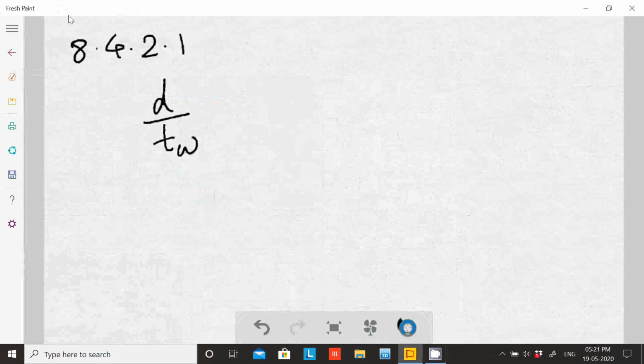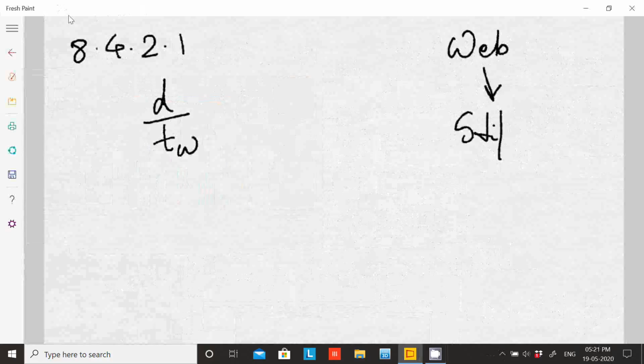In the web, either we use stiffeners or we don't use them. Stiffeners are used to increase the stability. These are additional elements which are added to the web to increase the stability, but in our case we don't have stiffeners, right?